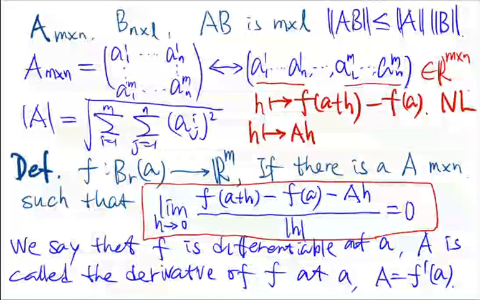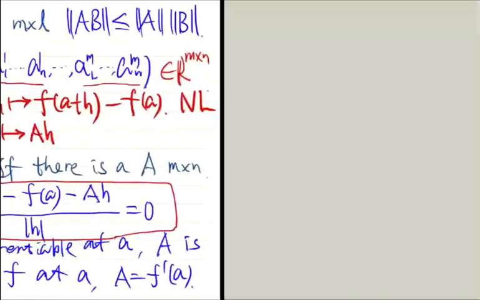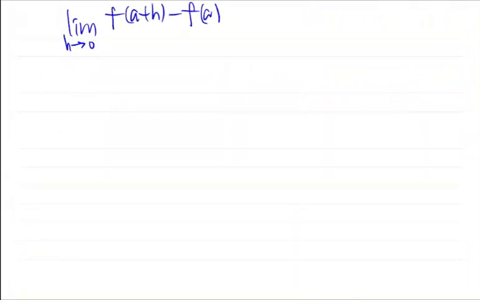Okay. Now let's have a closer look at the definition of differentiability. Differentiability means that the limit as h goes to 0 of (f(a+h) − f(a) − Ah) is 0.